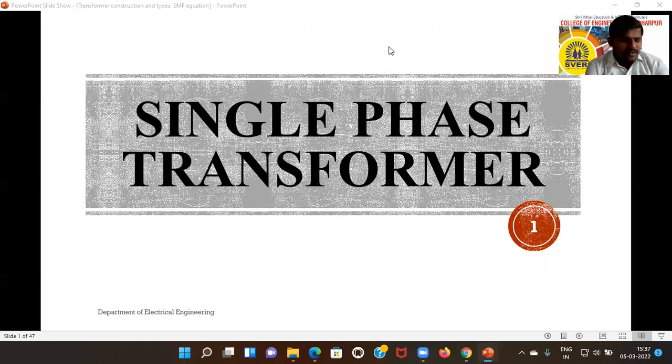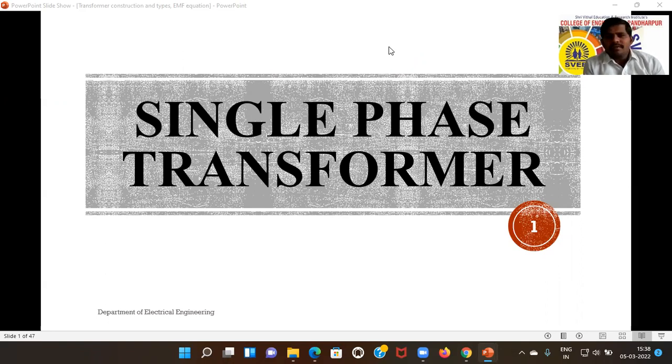Today we will start the next section, that is section second. This section will contain 2 units, and it depends totally upon the transformer.